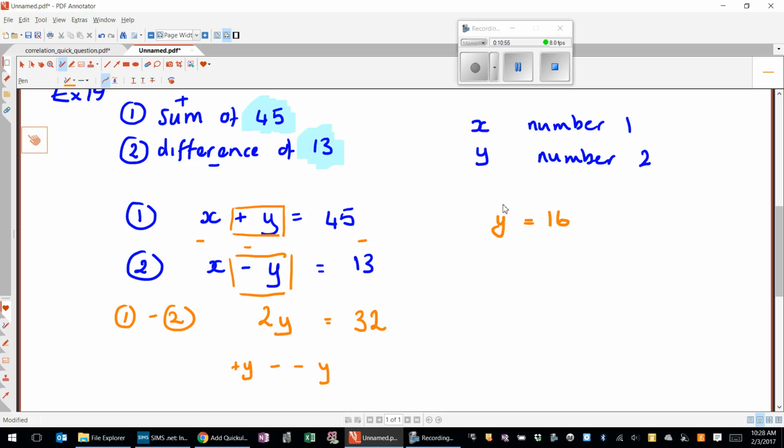Now, the thing about these problem solving ones, quite often finding the second part is really quick because there's always an easy one. So for instance, we know that the sum of them is 45, x plus y is 45. So x plus 16 has to equal 45. So x equals 29. 45 subtract 16 just in case. So there's my two solutions.